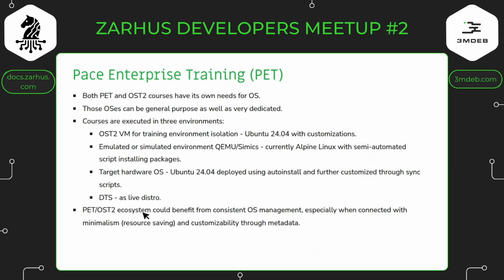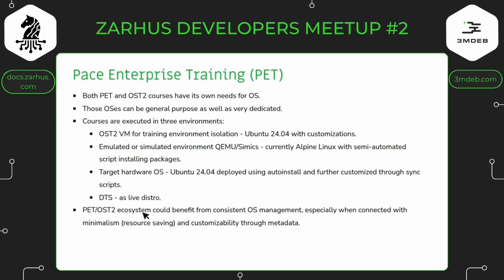This is very interesting because if you look at a typical training, like the one 3M does, you have kind of 4 environments in which students operate. The first environment is the virtual machine, in which the whole training happens. Right now it is based on Ubuntu 24.04 with some customization.